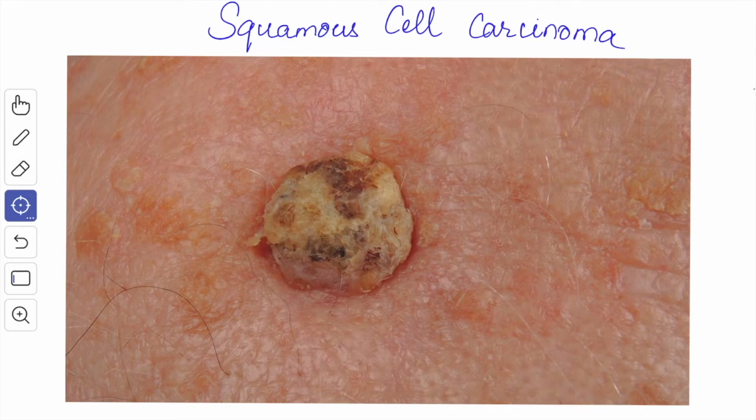Most common locations are the face, the pinna of the ear, the back of the hands, and the mucocutaneous junctions such as lips, anal canal and glans penis. The cutaneous squamous carcinoma arising in a pre-existing inflammatory and degenerative lesion has a higher incidence of developing metastasis.